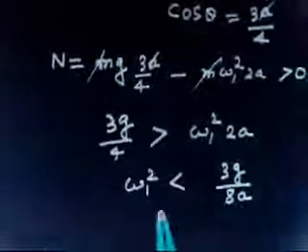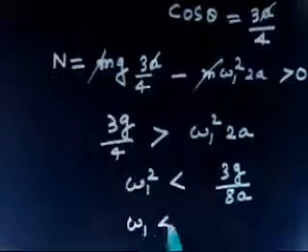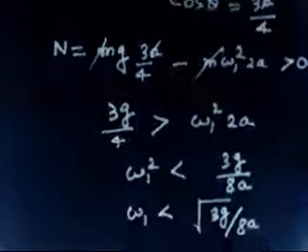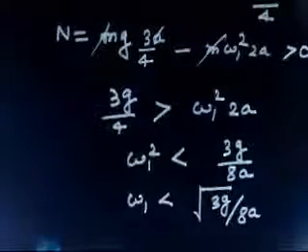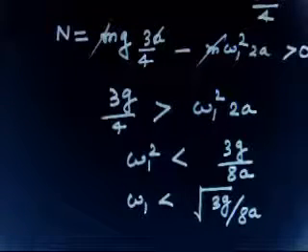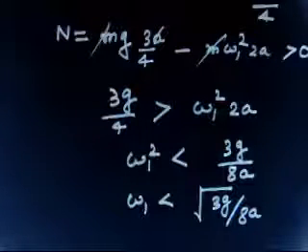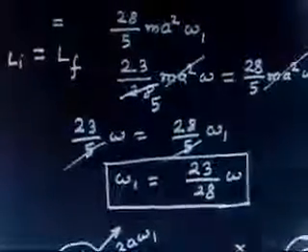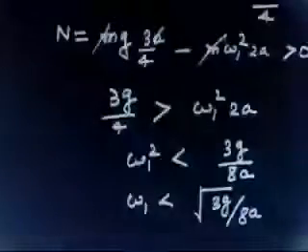And omega 1 is nothing but, so let us say omega 1 should be less than under root 3g by 8a. And omega 1 is nothing but, you see in the previous slide we have discussed, omega 1 is equal to 23 by 28 omega.